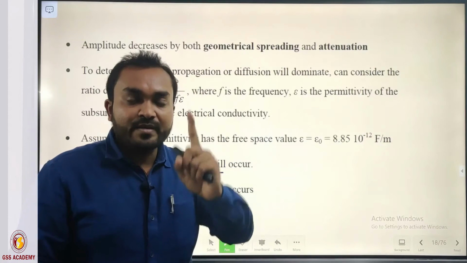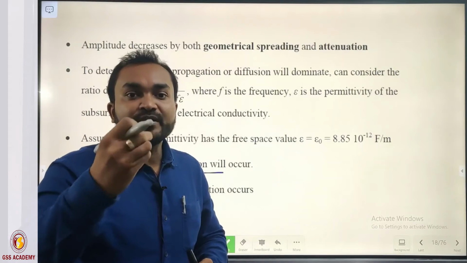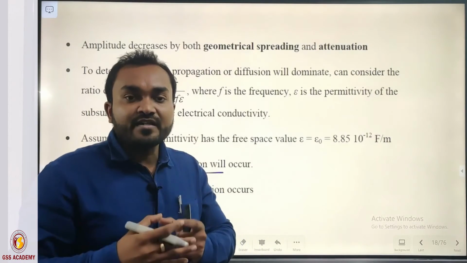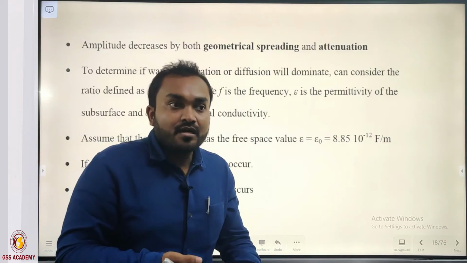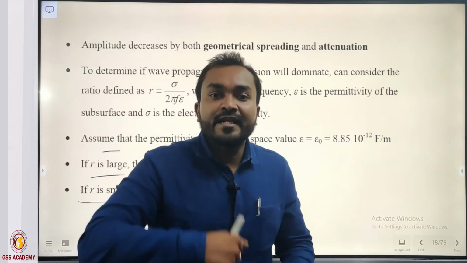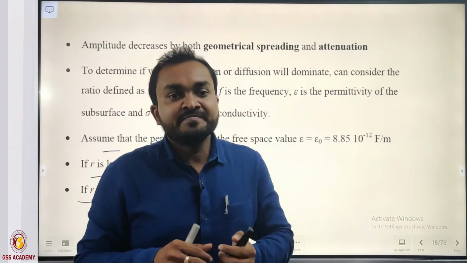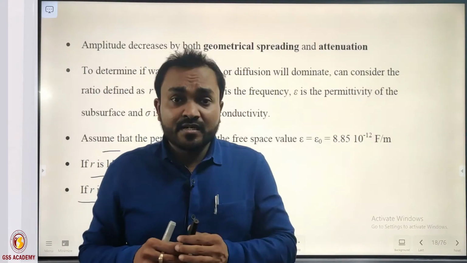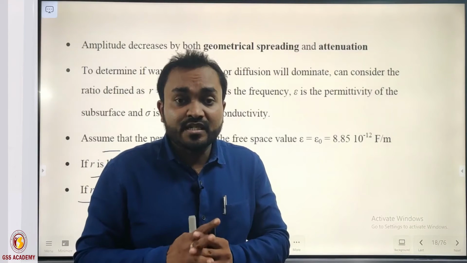There is also one parameter, R, the ratio of conductivity divided by 2 pi f into epsilon, and this defines whether electromagnetic wave propagation will happen or electromagnetic diffusion will happen. Okay. So up to this we have seen all these properties.